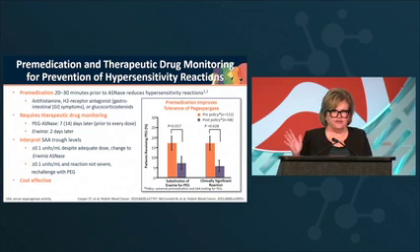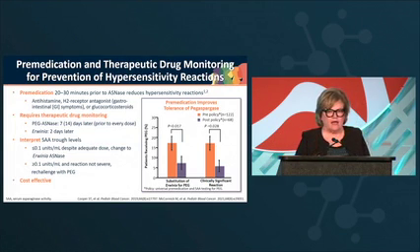How many of your institutions actually re-challenge with PEG if you know that they're not silent inactivators? Okay, we do it at our institution as well, so we will re-challenge if they have adequate serum asparaginase levels, re-challenge them with steroids and antihistamines, and move forward, but you can only do this if you're using therapeutic drug monitoring.